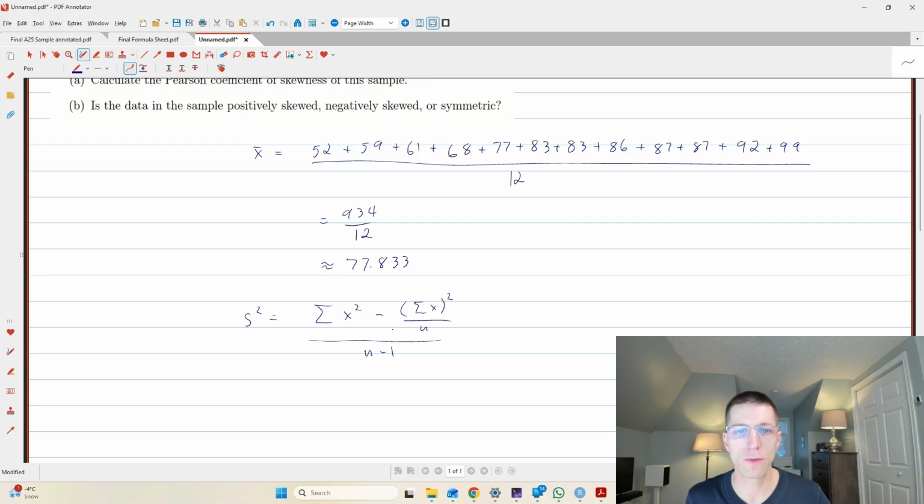So that's just from the formula sheet. So there is a difference here. The sum of x squared means we add up x squared for each number in the set, whereas the sum of x all squared means we add up all the numbers and then square the answer.